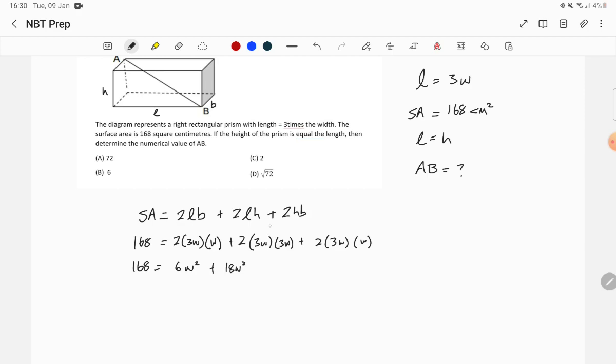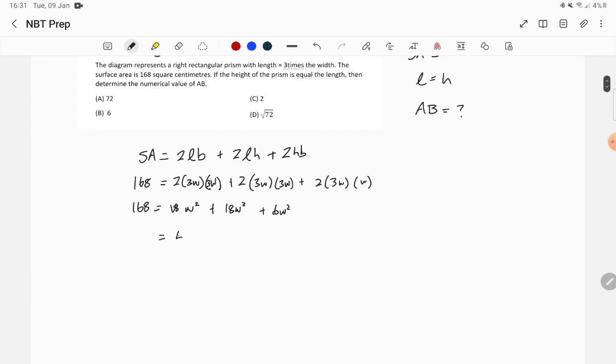Here, for the breadth, I think we're missing a value. I think this would be 3w as well. So that's 18 and then 6. Yeah, 18 plus 6w squared, and that gives us 42w squared, which equals 168, and therefore w is equal to the square root of 168 over 42, which equals 2.